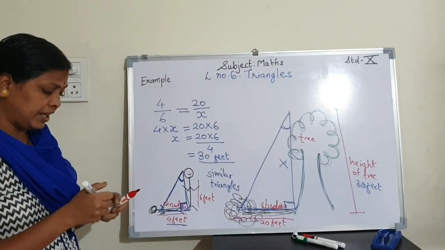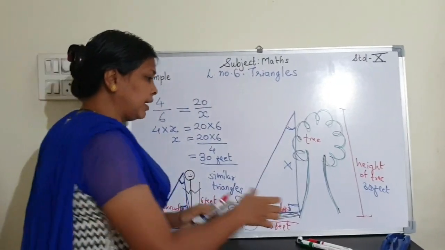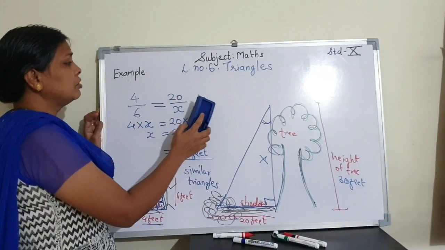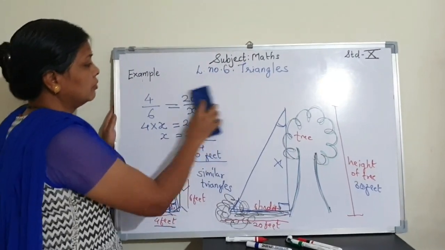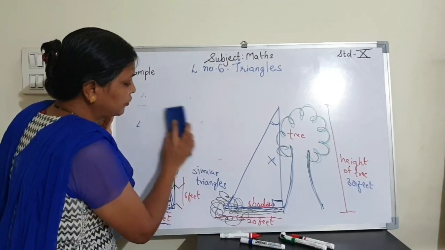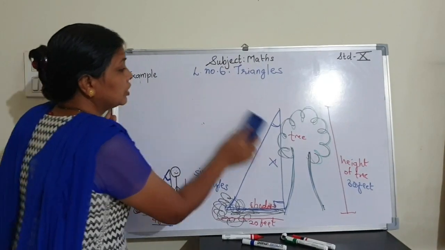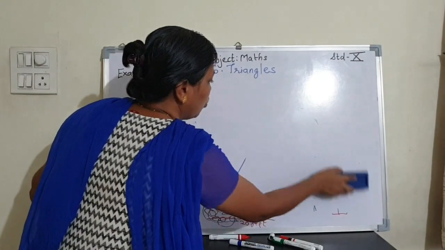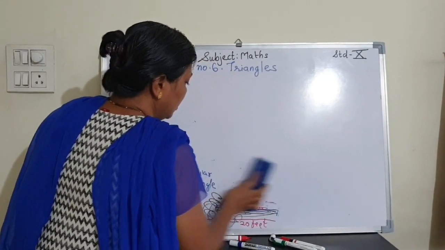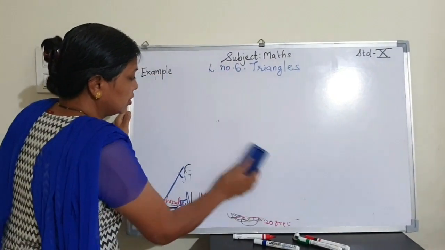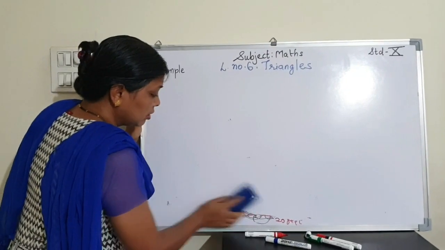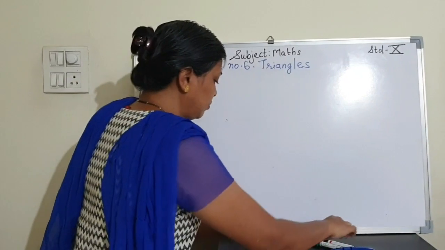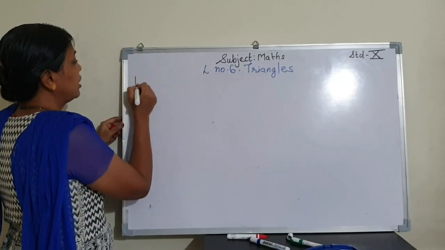You have studied many things about triangles in previous classes. You have learned so many properties and theorems of triangles. So now let's see what we are going to learn in this lesson, in this grade.